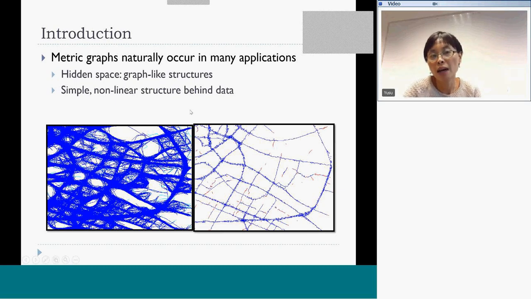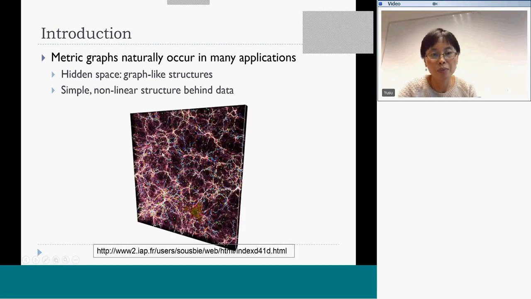A metric graph is perhaps one of the simplest linear structures that can be used to model structures behind data, going beyond the manifold. In this case, it is not clear, but this basically shows the filament structure extracted to represent the density distribution of dark matter in the universe.